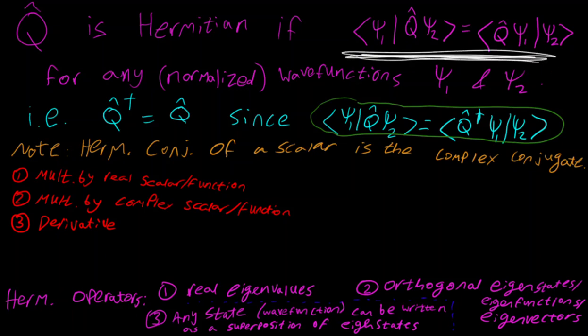Okay, so let's start with multiplication by a real scalar function. These are all integrals from negative infinity to infinity. So the integral from negative infinity to infinity of some real function, I'll just call it f, where f is real.